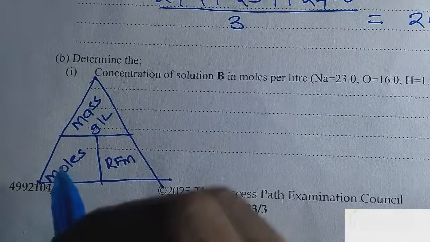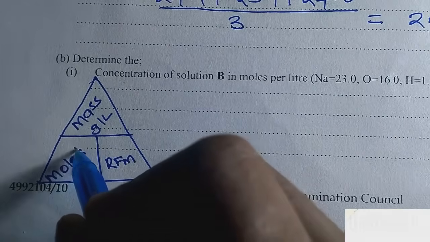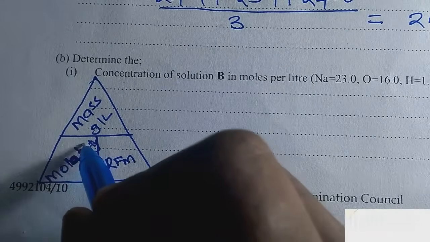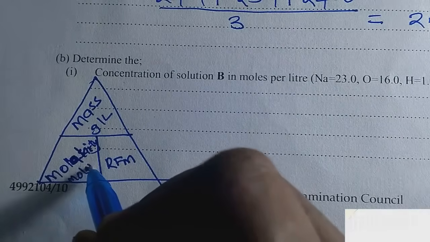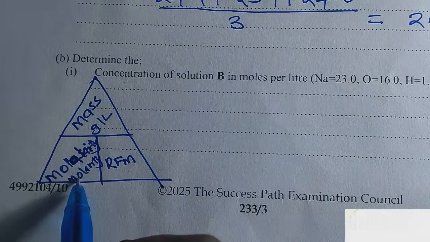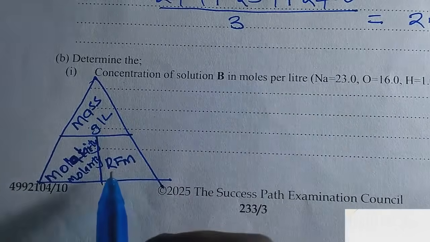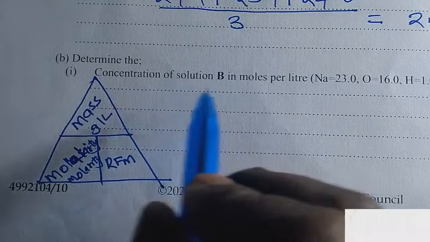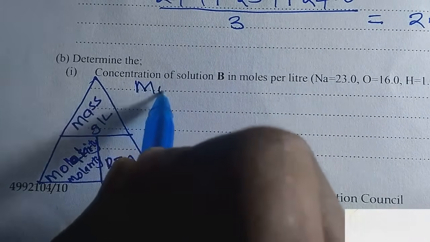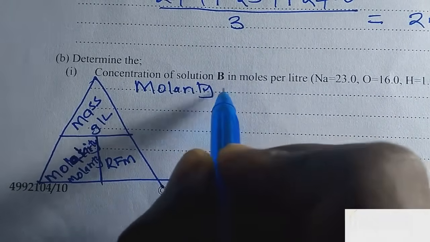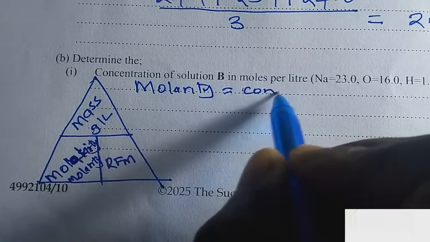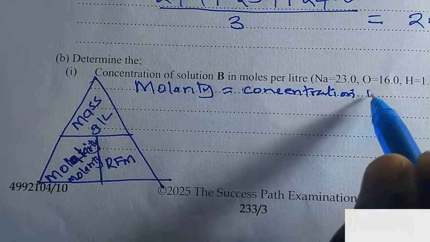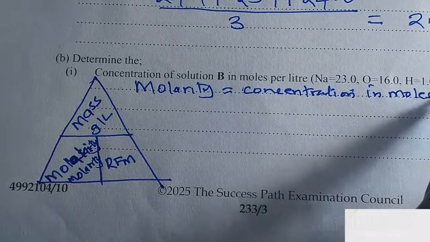So molarity is mass in grams per liter or per dm cube, over RFM. If I want the concentration, then remember that molarity is exactly the same as concentration in moles per liter.